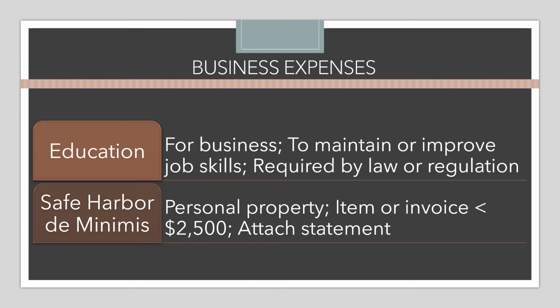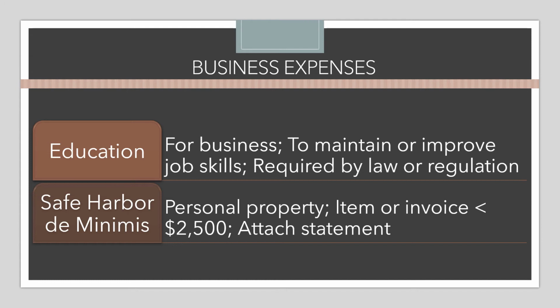Another type of other expense we talked about a little bit in our business income part 1 lesson, and that's the safe harbor de minimis. And if you'll remember, that's for personal property items that generally without this de minimis would need to be depreciated over time.